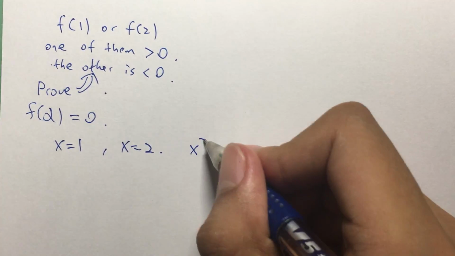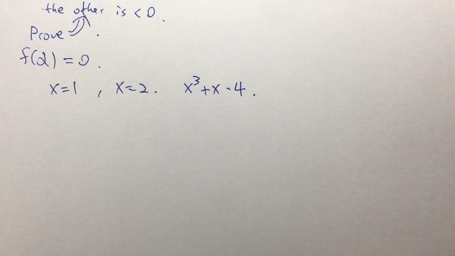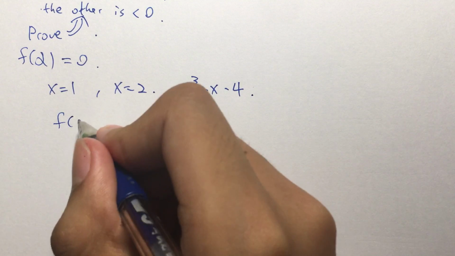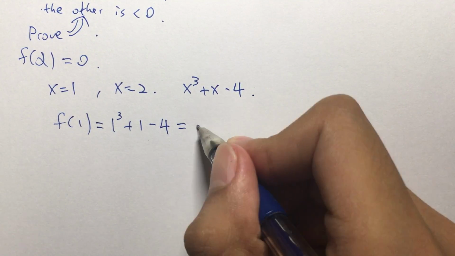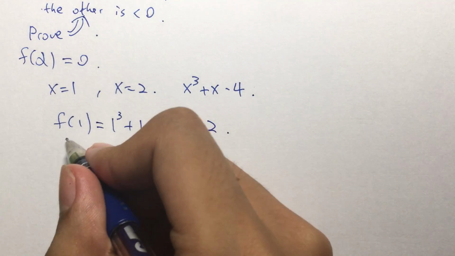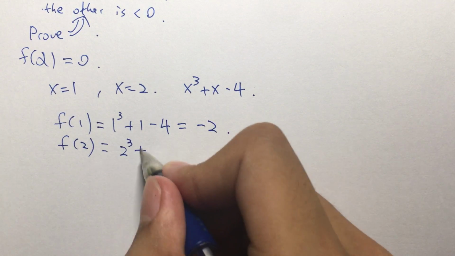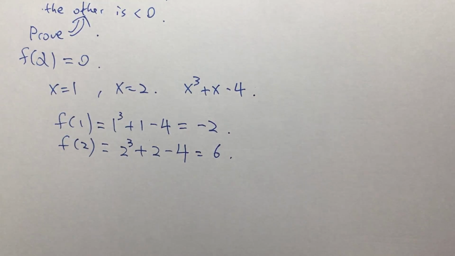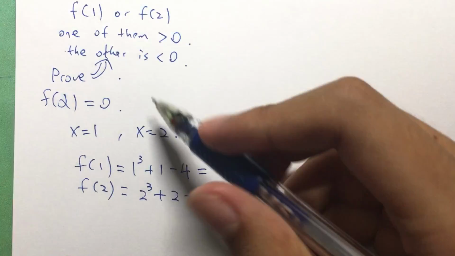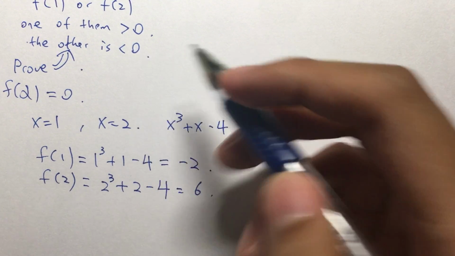So now we just substitute x equals 1 and x equals 2 into the function x cubed plus x minus 4. We get f(1) equals 1 cubed plus 1 minus 4, which is negative 2. And f(2) equals 2 cubed plus 2 minus 4, which is 6. That is what we want, because we want one of them to be greater than 0 and the other smaller than 0.